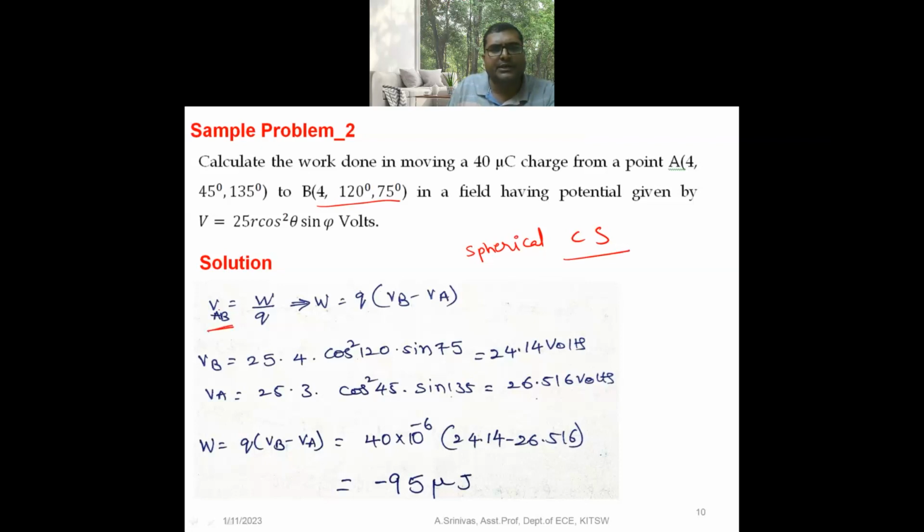You can calculate the potential difference between A and B, that is work done per unit charge, so work done is Q multiplied by VB minus VA. The value of V is given. Substitute the points A and B to get the potentials at A and B, and substitute in the equation to get the value of work done or energy stored in the system. It is in terms of joules.